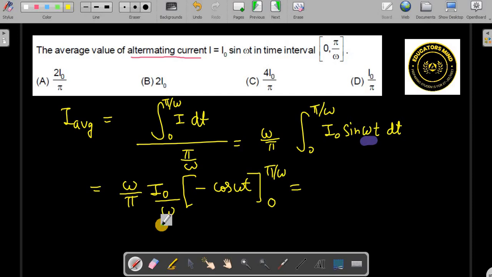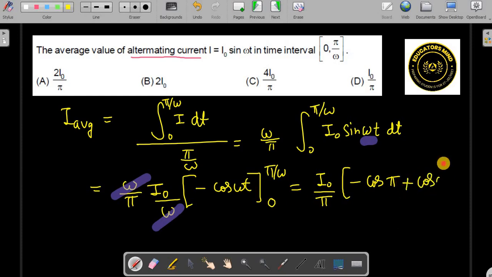So from here this omega factor will get cancelled, and you will get I naught by pi. Now substitute minus cos of the upper limit. Time you have to put as pi by omega, so omega t will become pi, because omega cancels. Minus, plus cos 0.